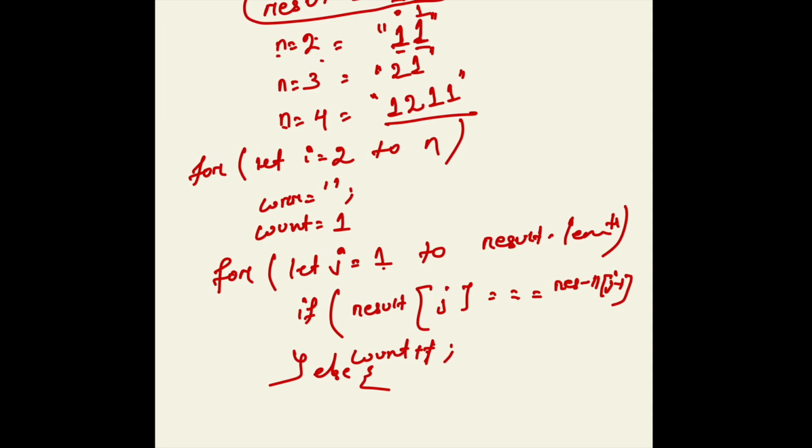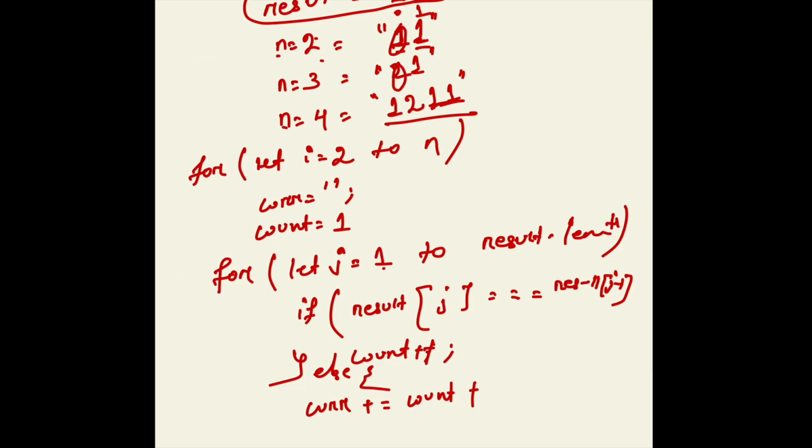Then current, we have taken one string, right? Current plus equal to count. First we'll do the count, right? Count plus, we'll say it. Say means the result of length j minus 1, which will be this one.